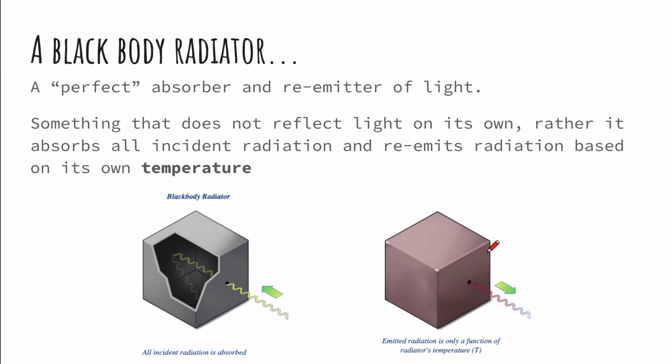But then if you would watch that hole, you would eventually see light start to come back out. It probably would not be visible light, but that light would be in reference to the temperature inside of that box. So it has absorbed some energy from that incident radiation, and now it is going to emit radiation. And the amount of radiation that it emits, or the frequency of radiation that it emits, is entirely based on the temperature inside that box.